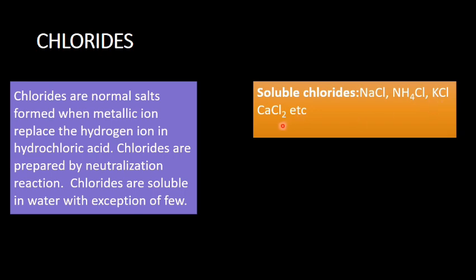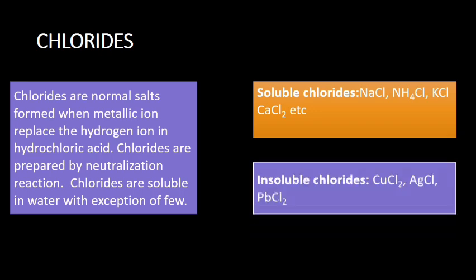This simply means that all these chlorides are soluble in water. So you can be asked which of these chlorides are soluble in water. It's just for you to get familiar with all this and be able to give the right response. We have the insoluble chlorides: copper chloride, silver chloride, lead chloride.